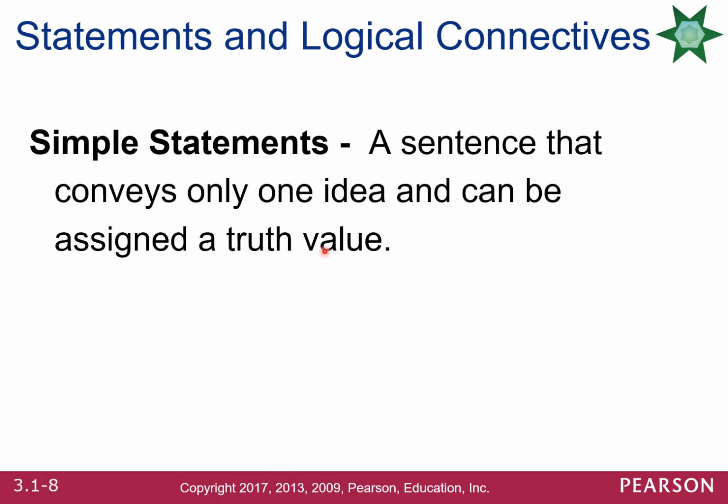Statements can be of two kinds. The first one is a simple sentence or a simple statement, a sentence that conveys only one idea and can be assigned a truth value. So I will wake up in the morning tomorrow. That's a simple statement. It has only one thought, which is waking up tomorrow morning.